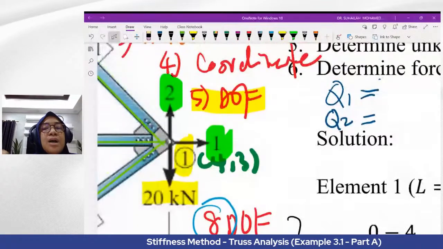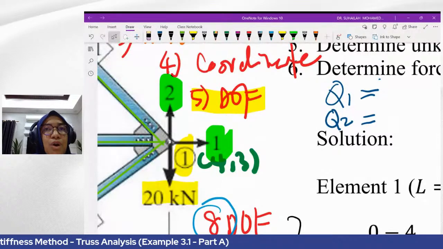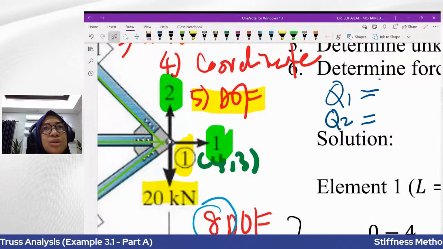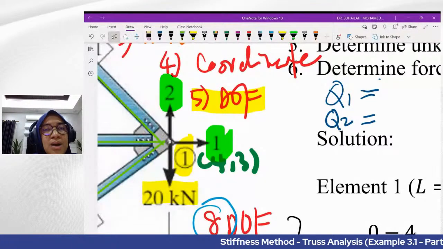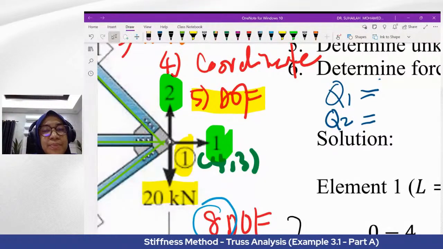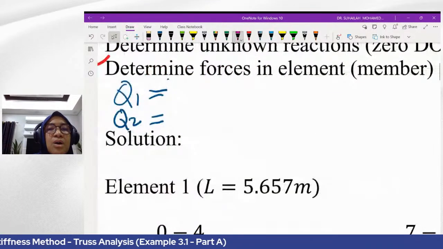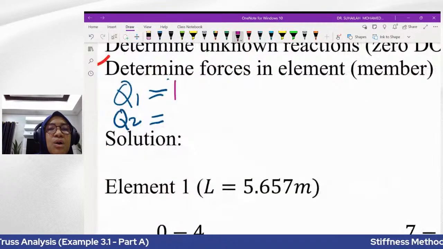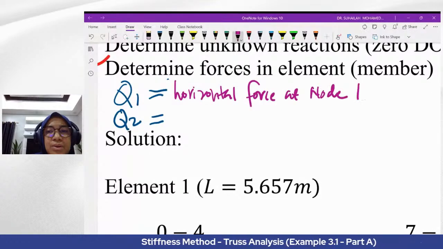Q1 is a force in the horizontal direction, a horizontal force at node 1.